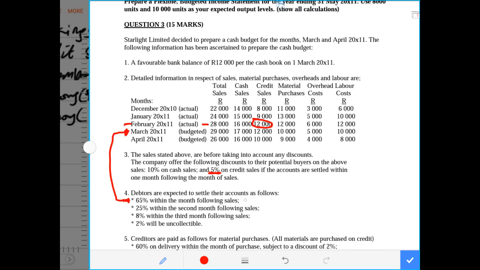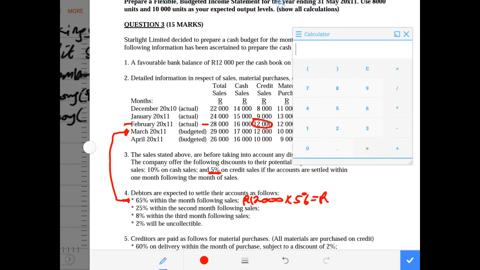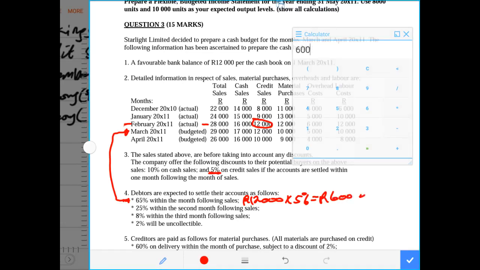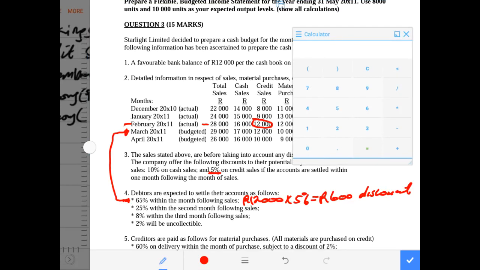So out of the 12,000, we say 12,000 times by 5%. That will give us 600, and 600 is the discount. So if that is the discount, we say 12,000 minus the discount of 600.